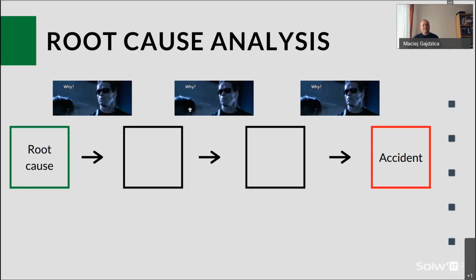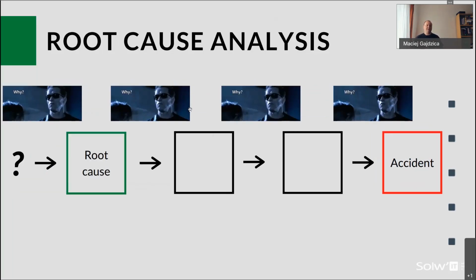It is most useful to lawyers who can charge someone for the accident, so that we can find out who is guilty. But the problem is that we can still ask why we had a software bug, why someone didn't follow the procedures, why we have hardware parts that failed.